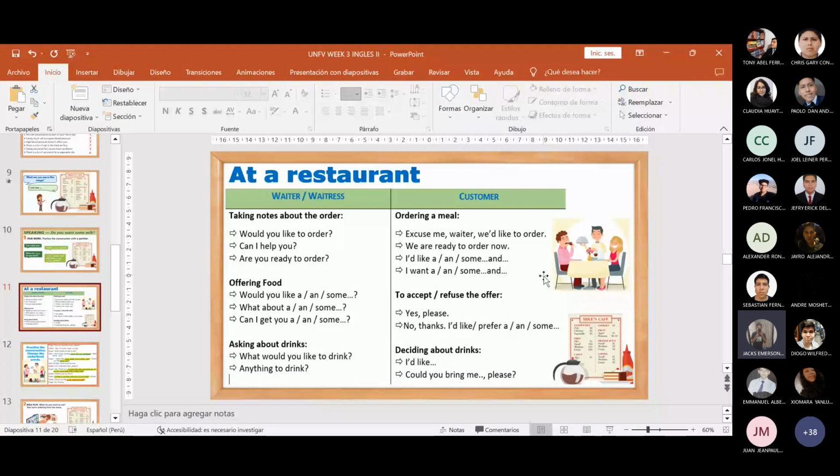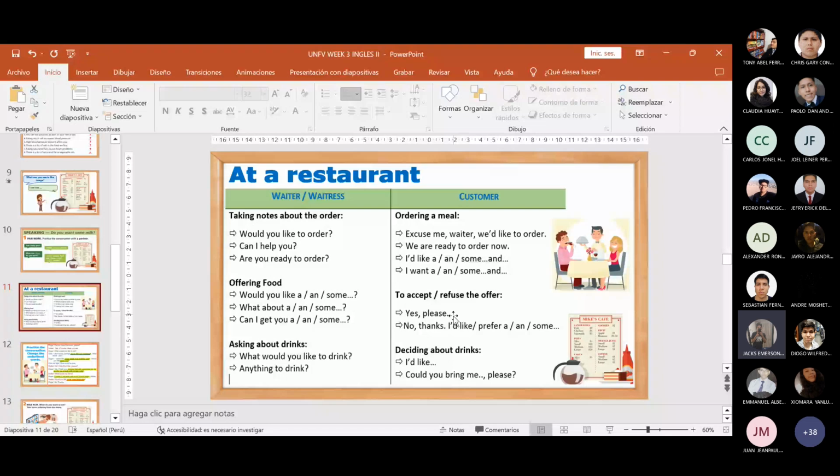Y hay la otra parte, the offer. Offering food. Would you like a cup of coffee? Would you like a fish sandwich? What about a chicken sandwich? Can I get you a small pizza? Or accepting or refusing.